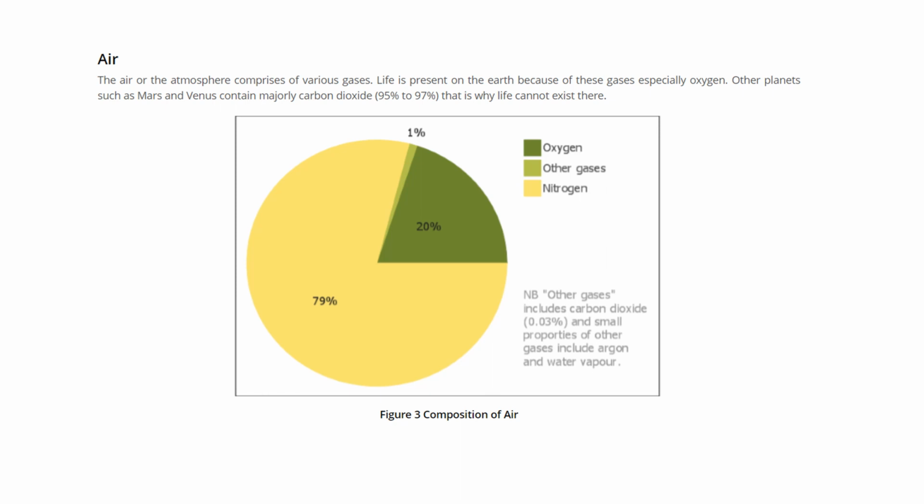There is 79% of nitrogen, 20% of oxygen, and 1% of other gases, which includes carbon dioxide, water vapor, and other noble gases. This shows the composition of the air, and the reason why there is life on earth is because of the 20% of oxygen present on earth. It is the only reason why life exists on earth.